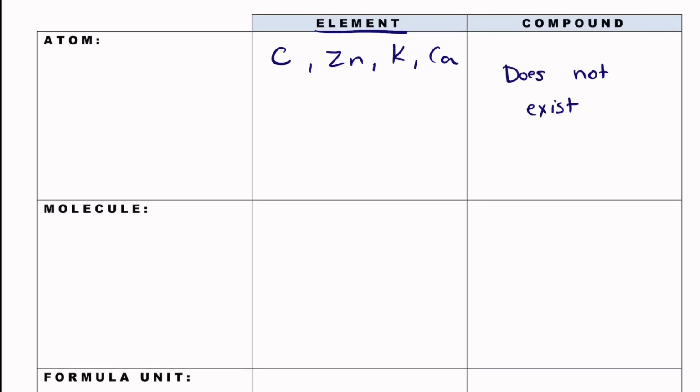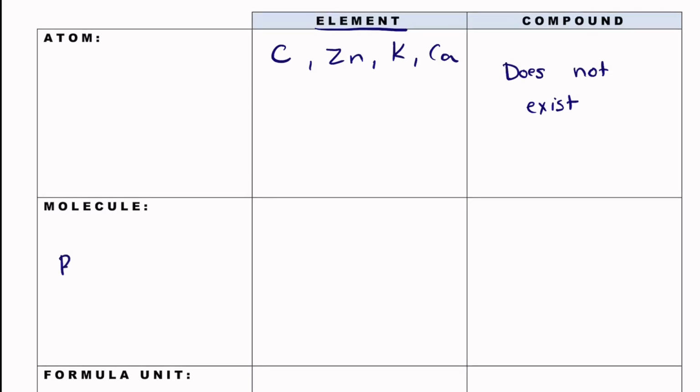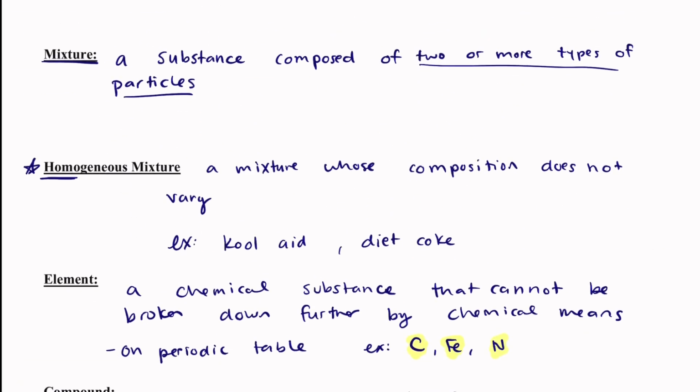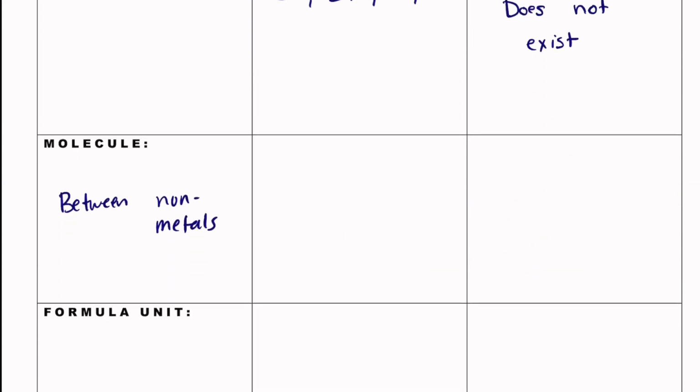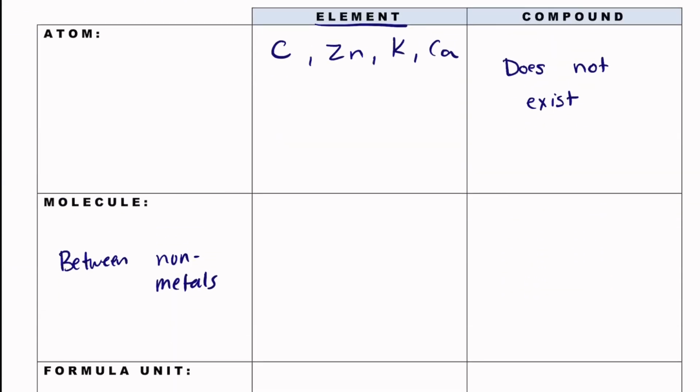Okay. A molecule is going to be between nonmetals. And an example of something that is an element and a molecule, we need more than one atom. If we go back to our compound, it's multiple elements. So an example would be something like our Brinkelhoff elements.